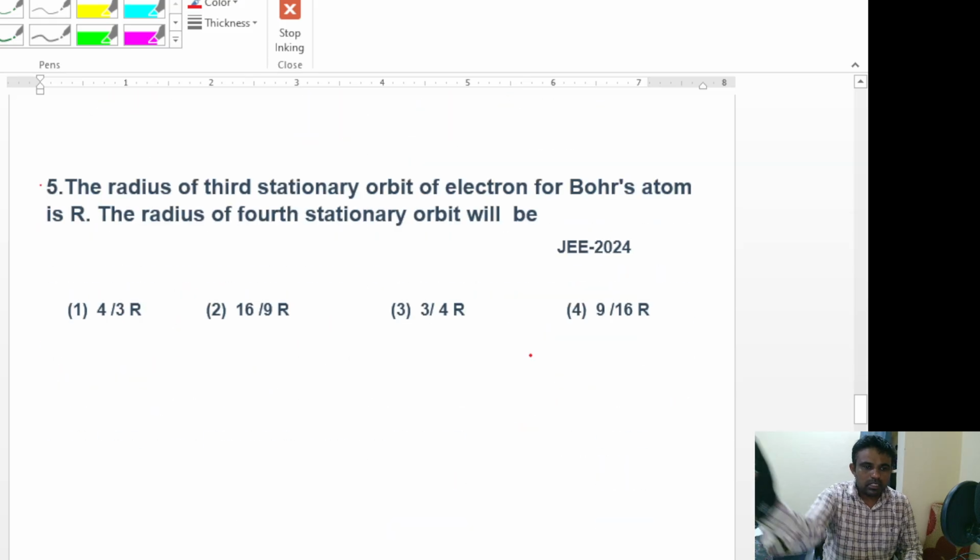Next question. The radius of the third stationary orbit of the electron for Bohr's atom is R. The radius of the fourth stationary orbit will be?